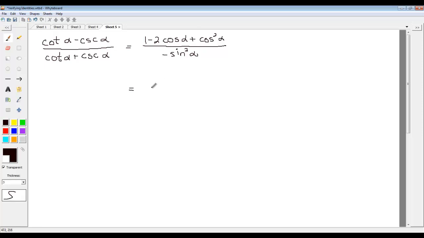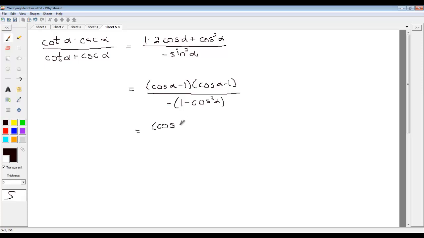So I find the right one has the most promise in my mind, because I'm looking at, okay, up top here I can factor that into cosine alpha minus 1 times cosine alpha minus 1. Then on the bottom, negative sine squared alpha, that's the same thing as negative of 1 minus cosine squared alpha.